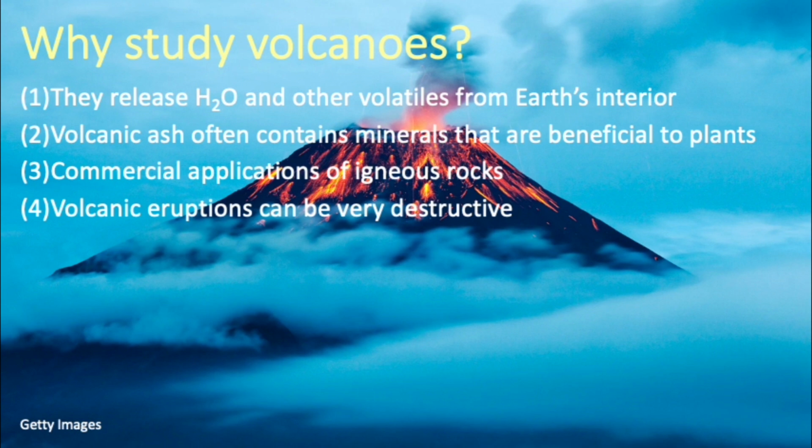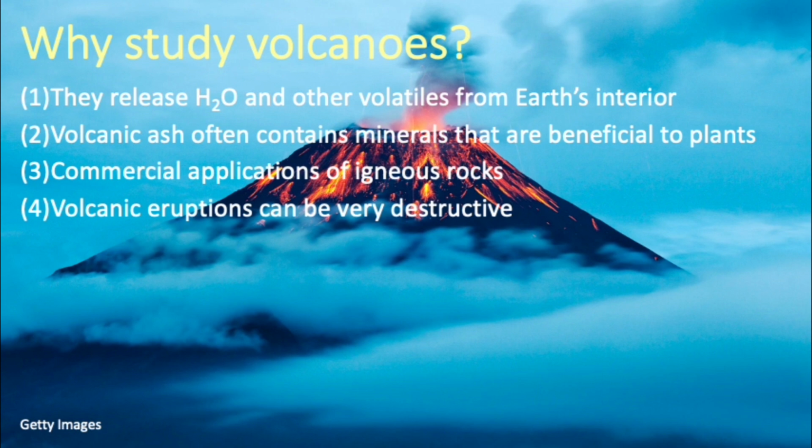So when the Earth first formed, much of the water we see on the surface and the gas that makes up the atmosphere was actually trapped in the mantle and was released to the surface through volcanoes, because these are basically our natural vents, our only direct pathway to the mantle.